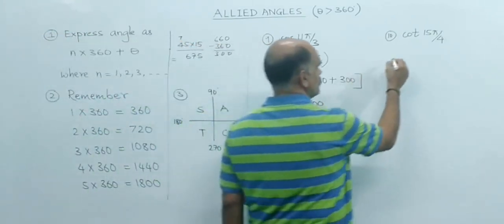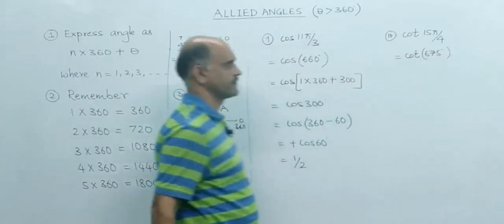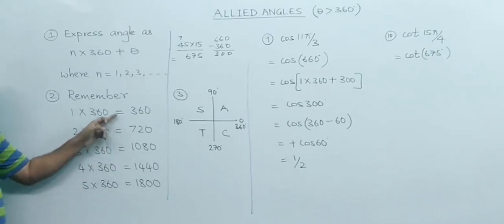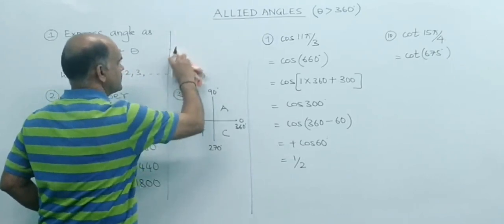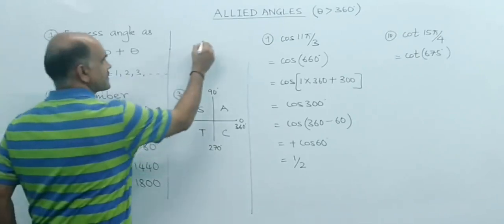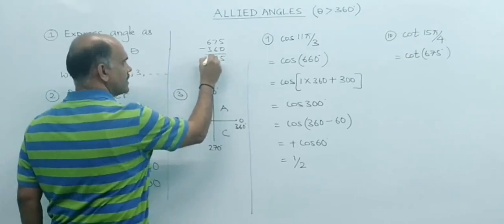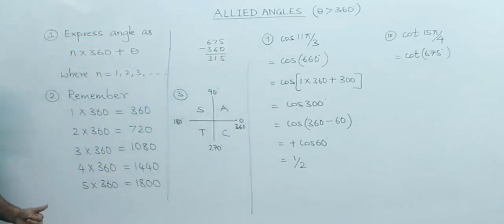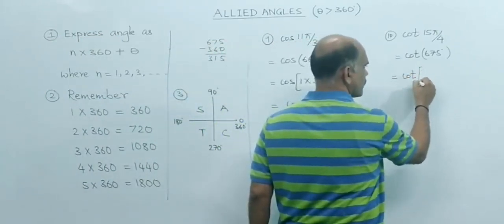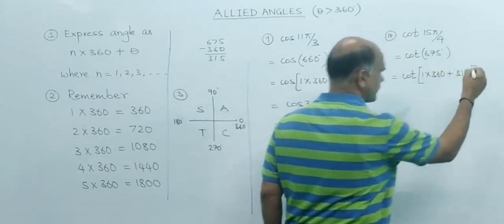So this is equal to cot 675 degree. Now again observe. 675 is greater than 360. How much is it greater? 675 minus 360, you will have 315. So this is written as cot of 1 into 360 plus 315.